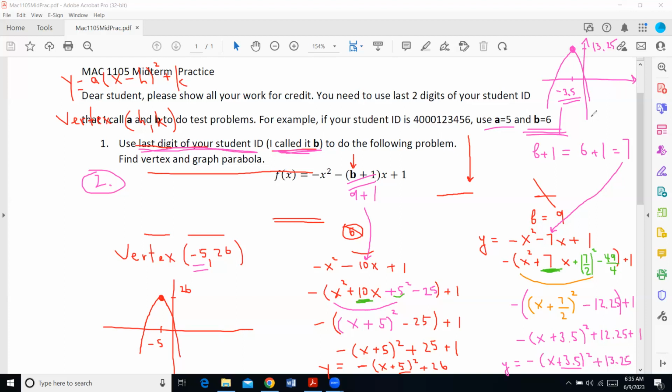So there'll be 2 problems on the midterm. For the first exercise, you're going to need to use the last digit of your student ID. And for the second exercise, I will ask you to use the digit before the last. That's what you were talking about, A, like here. Let me show you what type of second exercise we're going to have on this midterm.